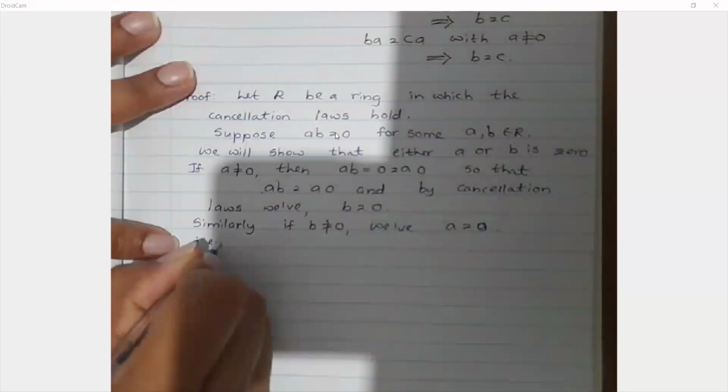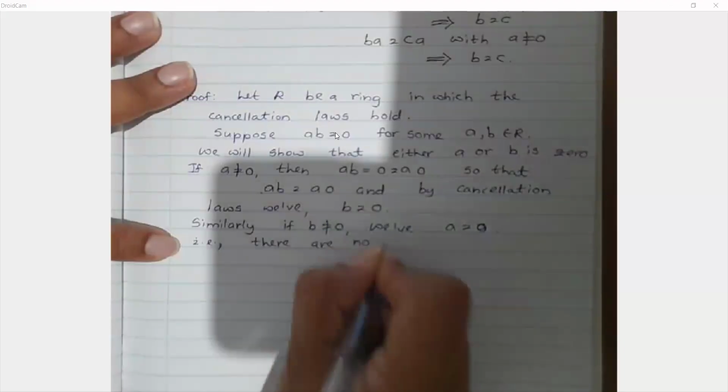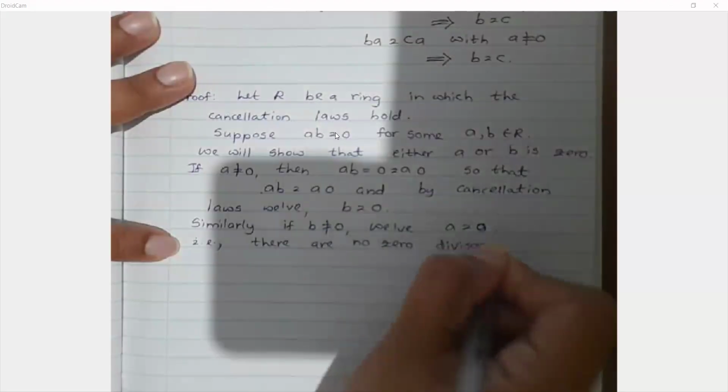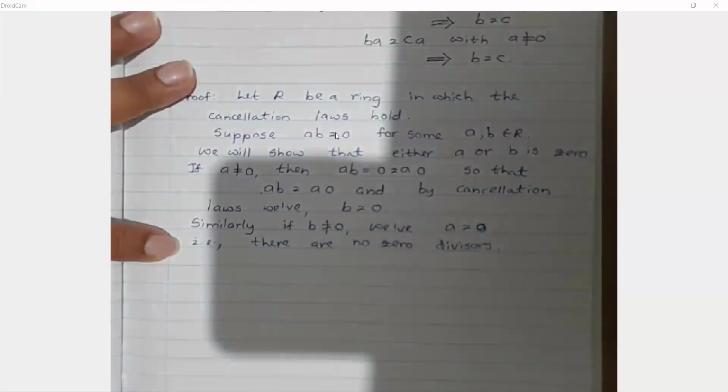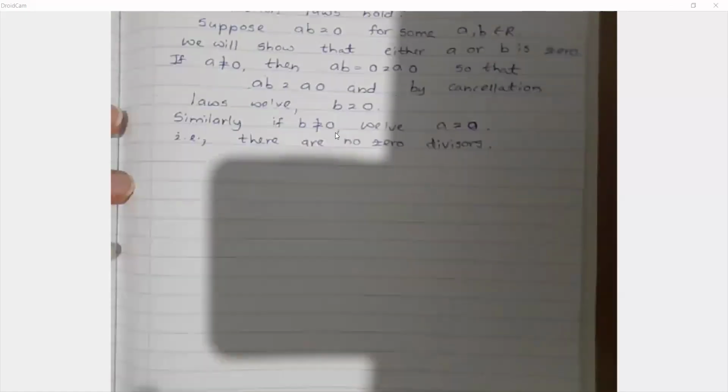That is, there are no zero divisors. So when you have a ring R where the cancellation laws hold, we don't have any zero divisors in the ring. Now, conversely, we have to suppose that R has no zero divisors and show that the cancellation laws hold.